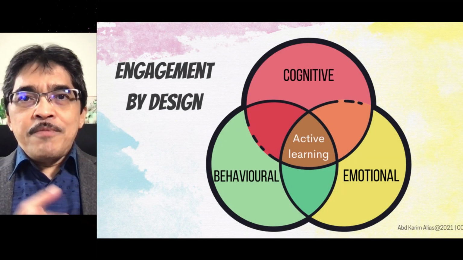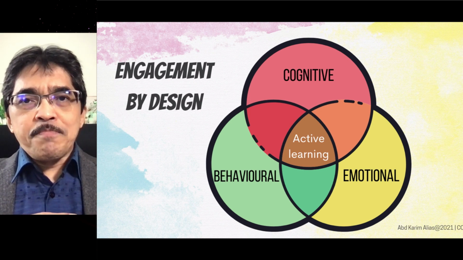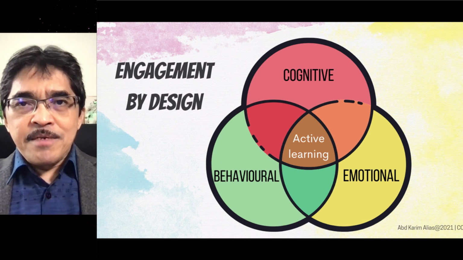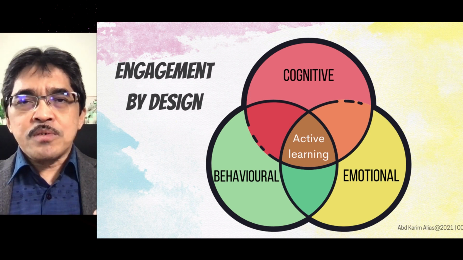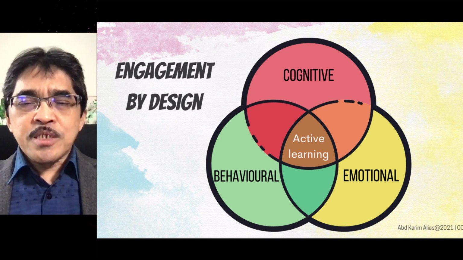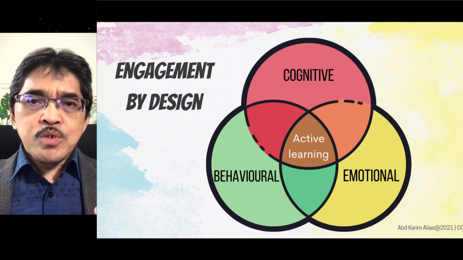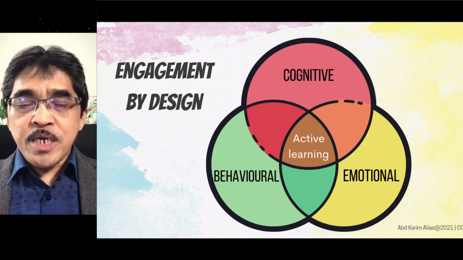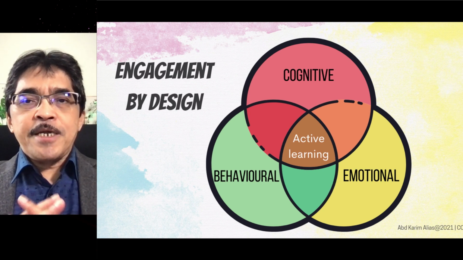Now, if we want to get students highly engaged in our classroom, it has to be done by design. It cannot be just by chance. So the way we design our course, the way we design our lesson plan, the kind of activities, and how we use the time within, for example, a 1 hour session, has to be purposely designed.